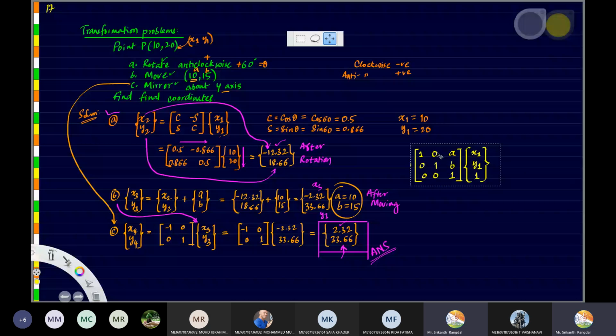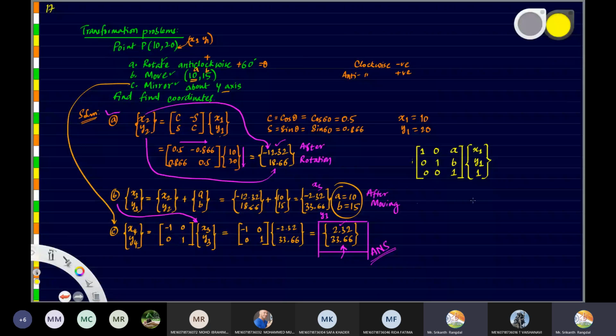So let us move this. So initial points. What were the initial points here? Minus 12, minus 12.32, 18.66, 18.66, and 1. So these are the final points. Coming to the matrix.